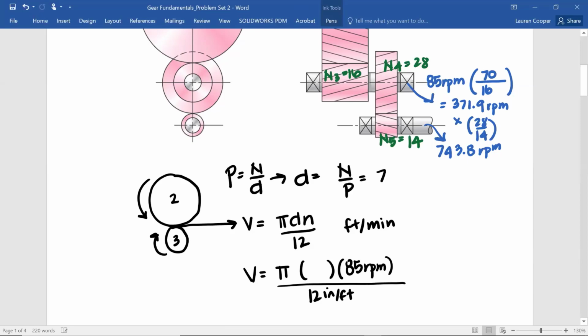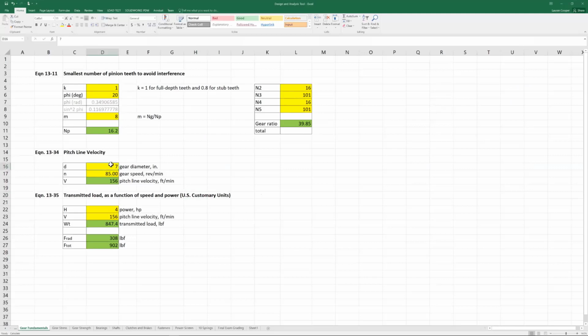We have 70 teeth divided by 10 teeth per inch. So 7 inches. I'm going to show you what this looks like in my analysis tool. So equation 1334 is pitch line velocity, 7 inches, 85 RPM gives us a pitch line velocity of 156 feet per minute.